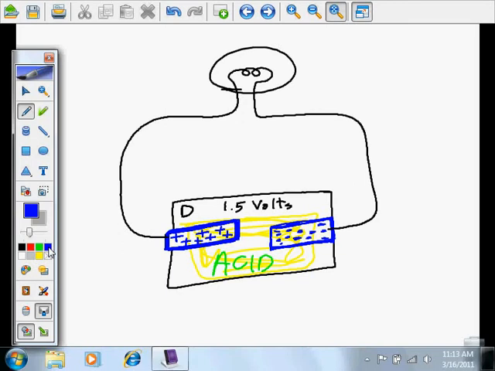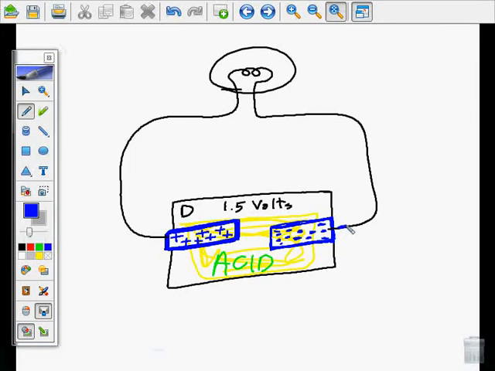Electrons. The electrons in a metal conductor can jump from atom to atom. Yes? So check out how this happens. Let's say there's a free to move electron right here in the wire, right there, yes?